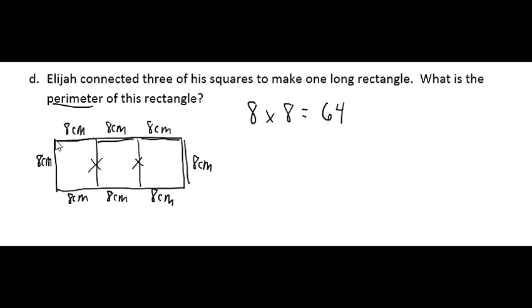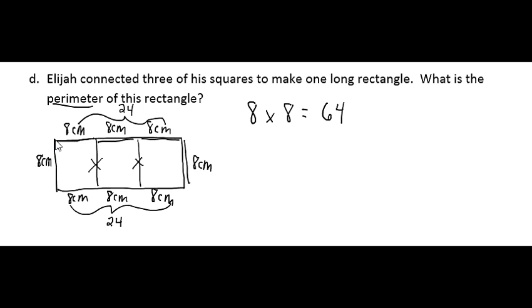I could also find that measurement by finding each length measurement and adding it to the two width measurements. So the bottom is 8 plus 8 plus 8, which is 24. That means the top is also 24.